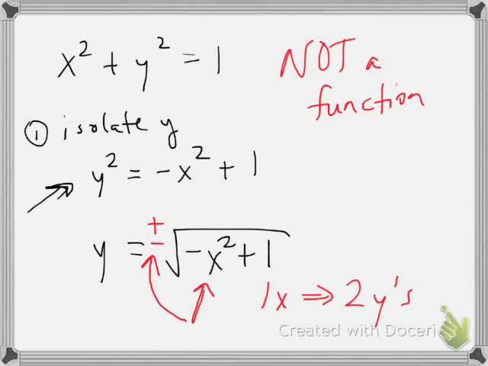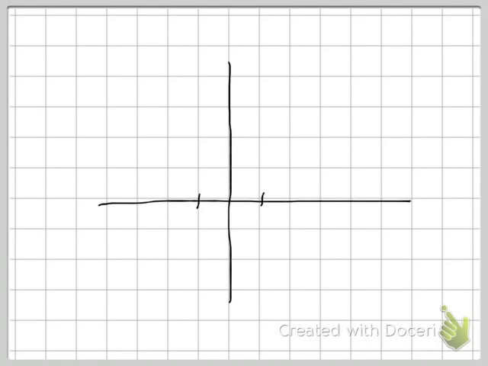All right, how could I figure this out? All right, and let's see here. Let me give a little graphing background, and I'm just going to give us a little axis. We'll learn a little bit more about this in the future, but this equation, x squared plus y squared equals 1, is a circle centered at the origin with a radius of 1.